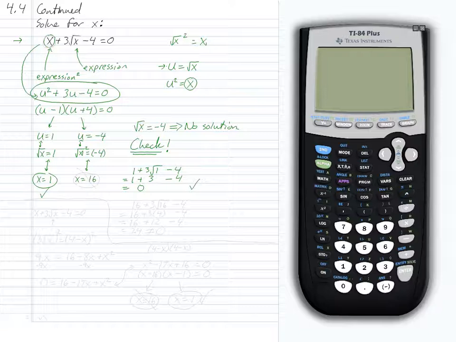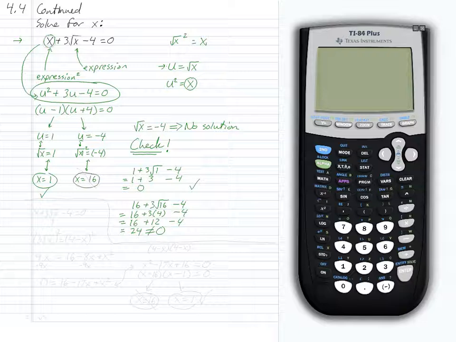Let's try x equals 16. So 16 plus 3 times the square root of 16 minus 4. That's 16 plus 3 times 4 minus 4. 16 plus 12 minus 4. That's not equal to 0.